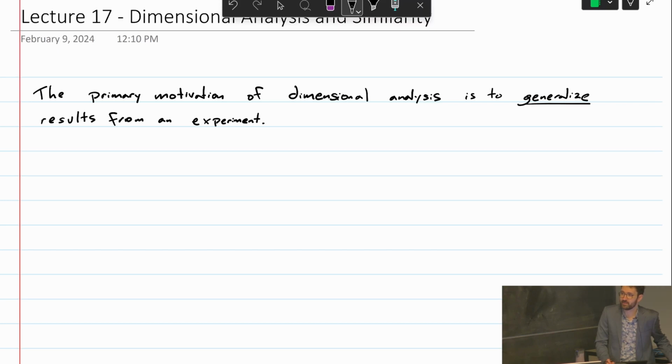Any other questions? So what we want to do is generalize and say these results apply not just for our specific scale and flow properties and flow speed. We want to say these generalize to all cases where certain dimensional numbers match the numbers that we had in our experiment.